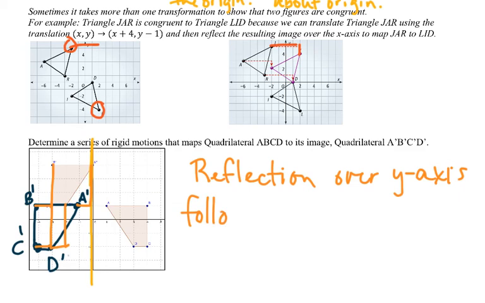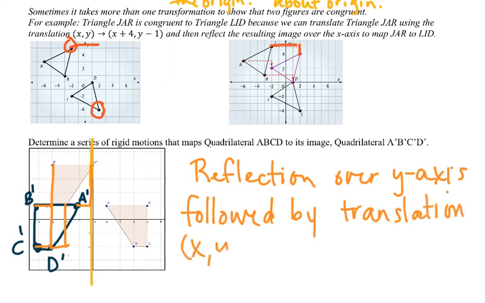Followed by a translation where xy goes to x plus 1, because we went to the right one, and then y plus 3. Now the neat thing about this is that it is not the only possible answer. So you could have different answers and still be correct.